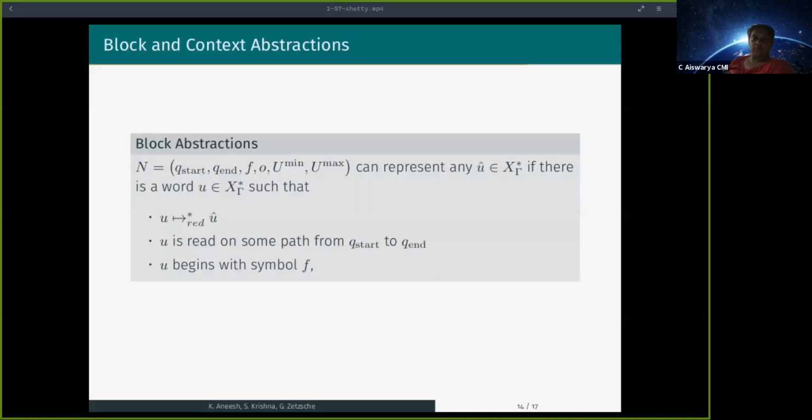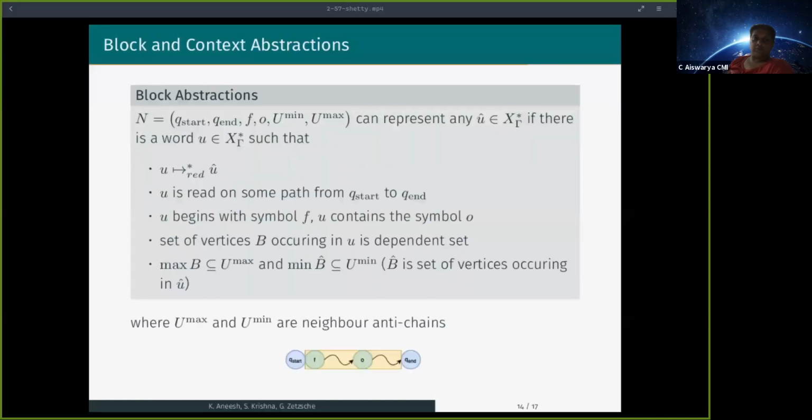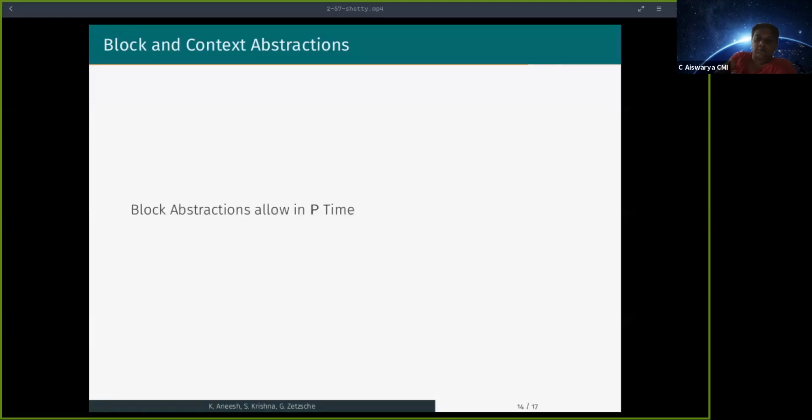U begins with the symbol F. U contains the symbol O. The set of vertices B occurring in U is a dependent set. The maximal elements of B are a subset of Umax, and the minimal elements of B hat corresponding to U hat are a subset of Umin, where Umax and Umin are the neighbor antichains derived from some set U.